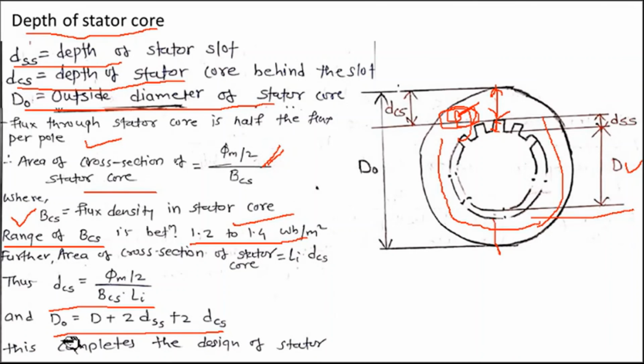So the outside diameter of the induction motor is calculated using this formula: DO equal to D plus 2 times DSS plus 2 times DCS. Now this completes the design of the stator here. Thank you.